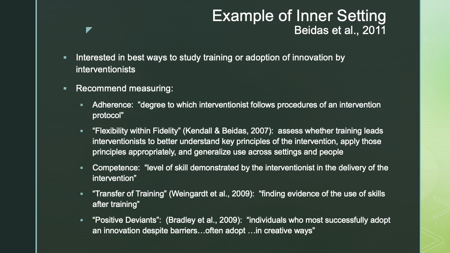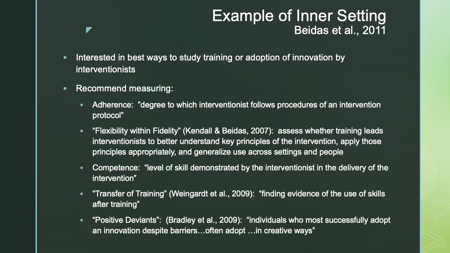So they highlight several different measures of the interventionists that I think are very, very useful for implementation science studies in our field. The first is adherence. These are measures that look at the degree to which the interventionist actually delivered the intervention as intended.